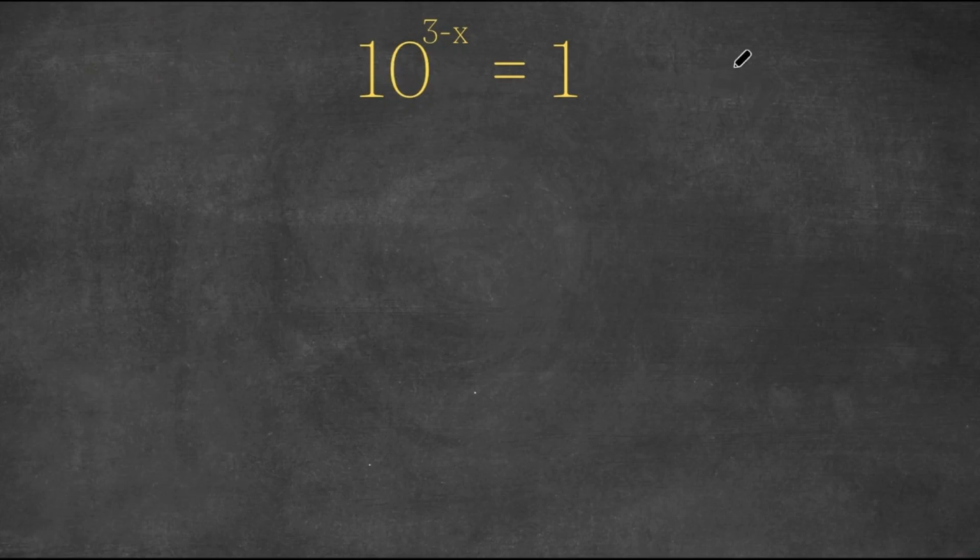Because let's just say I have a to the power of x, and this is equal to a to the power of y. Well, we know that these two terms are equal to each other, and we can see that both of them have a base of a.